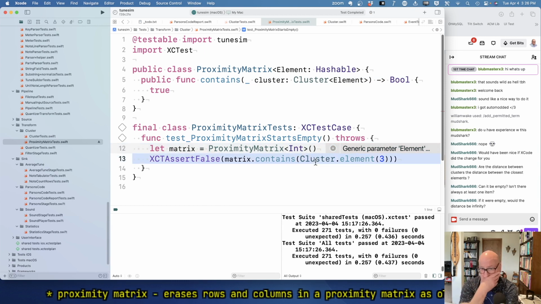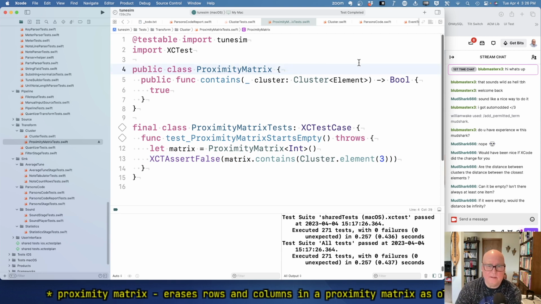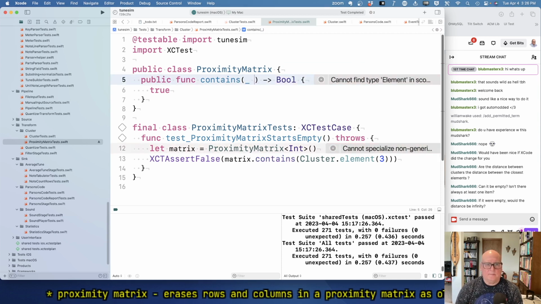Now this is wrong. I don't even know if I want element. I think I'm really supposed to be asking about sequence numbers. Cluster of sequence number, and that can just be an int.